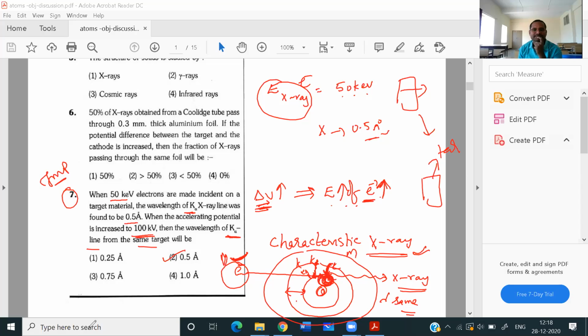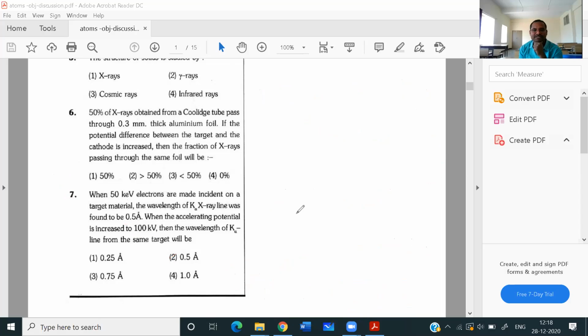It does not change. However, in Bohr's atomic model, it is different. See, in Bohr's atomic model that we have studied, this is the ground state. Its energy level is minus 13.6 electron volt, and the first higher energy level is minus 3.4 electron volt, using the formula minus 13.6 divided by n square. And the third energy level is minus 1.51 electron volt.